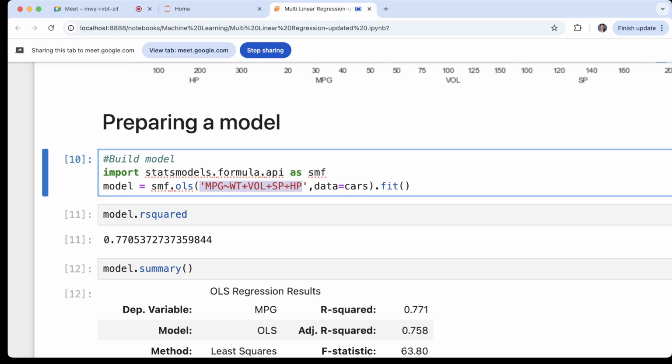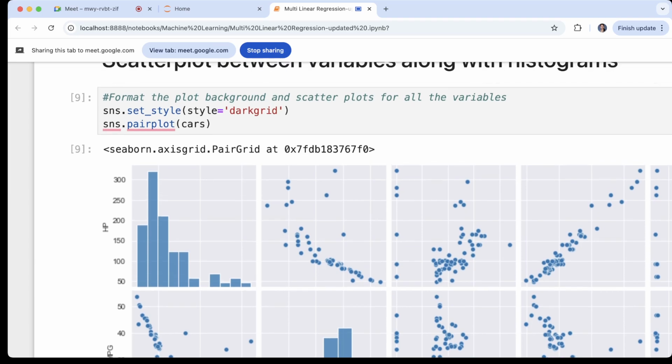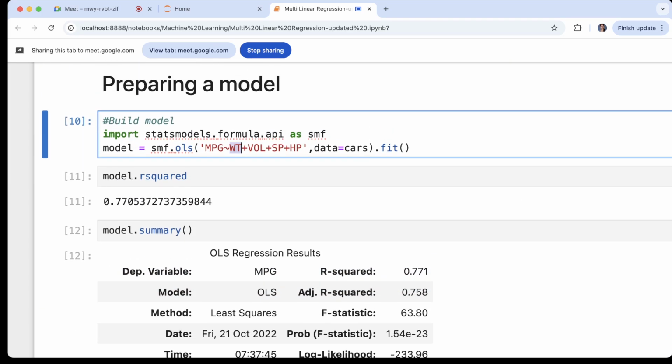Then once you import, call this function. Now what you are doing is modeling your y, which is your mileage, against all the other features, which are weight, volume, SP speed, and horsepower. Make sure that you write the feature name as it is.